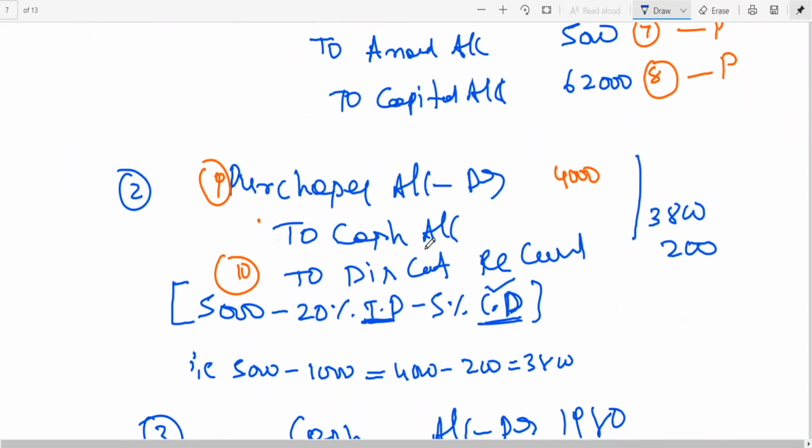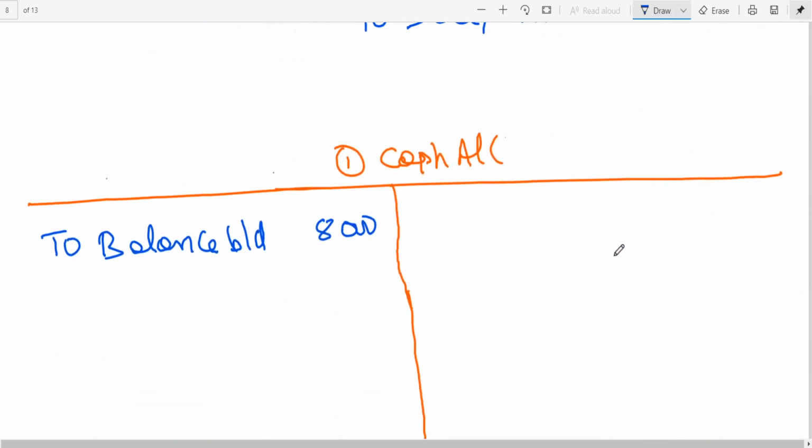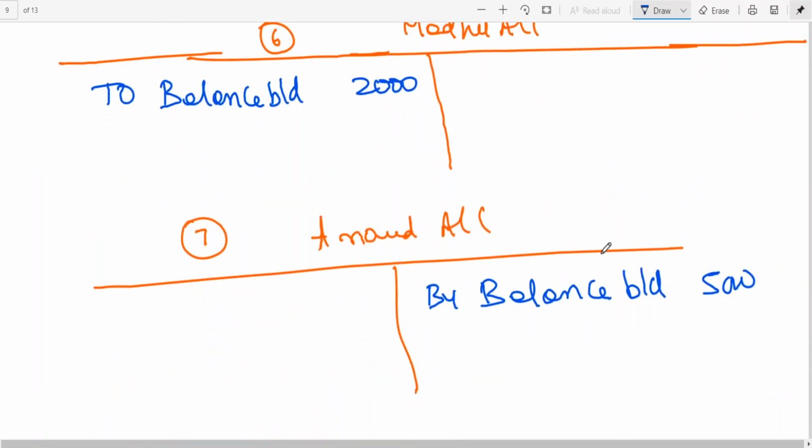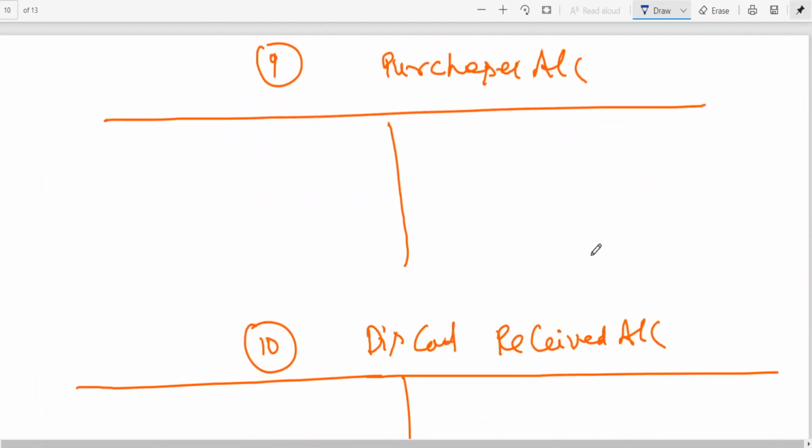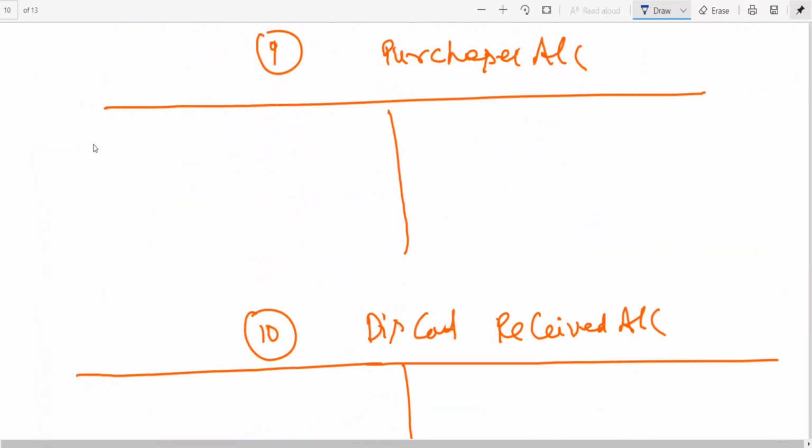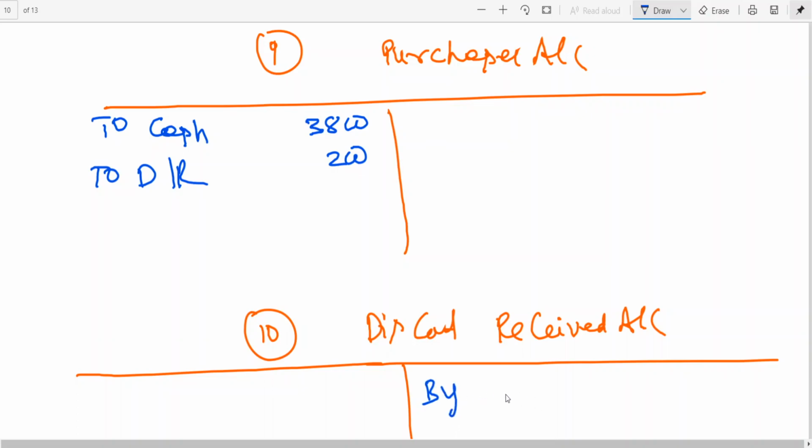So in purchase account, I should write to cash 3,800, to discount received 200. In discount received, by purchases.